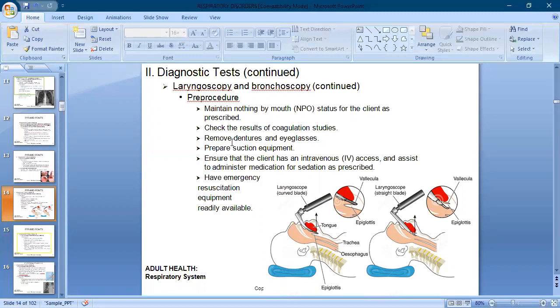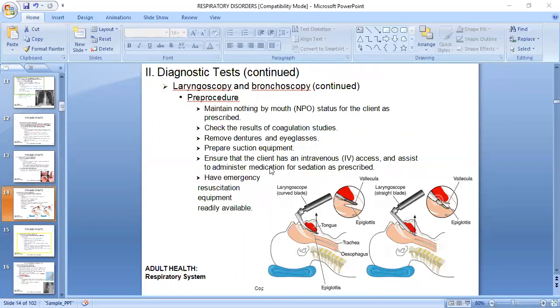If the patient has any dentures or eyeglasses, we have to remove them. Ensure the client has intravenous access. So we have to make sure everything is there.